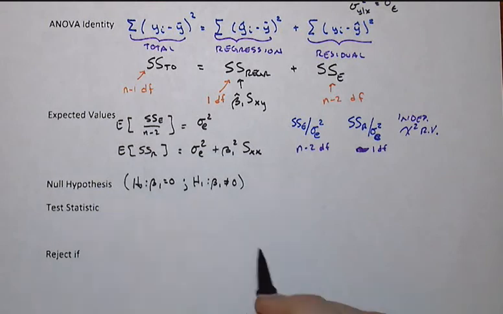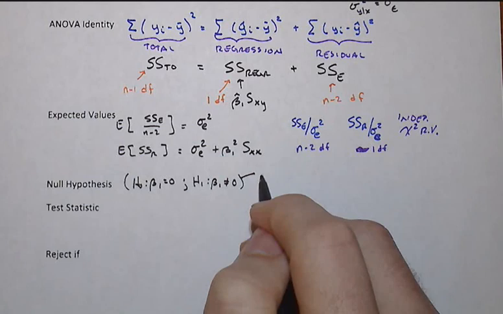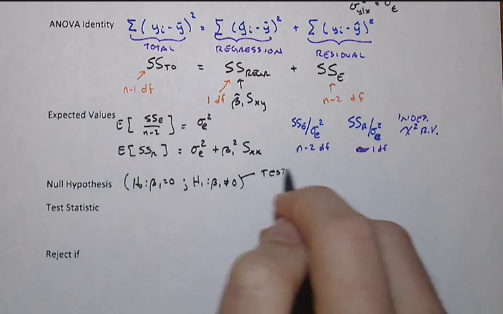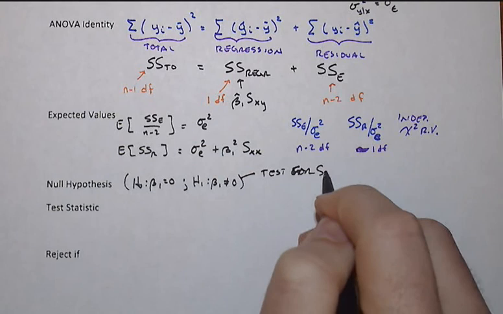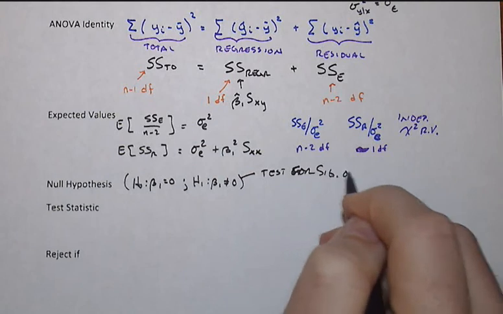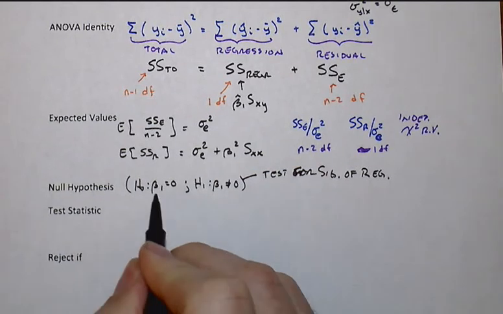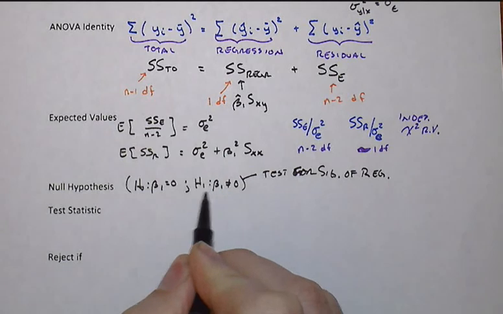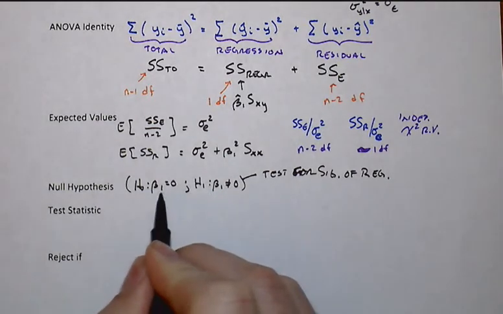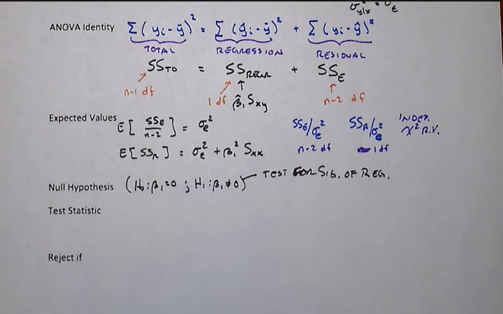Right? That's why we are looking at this as a test for significance of regression. Right, so it's not so much about a test associated with the interest in the parameter itself, what value it might or might not be. It's really about the special case of it being equal to 0 and what that might be suggesting to us.